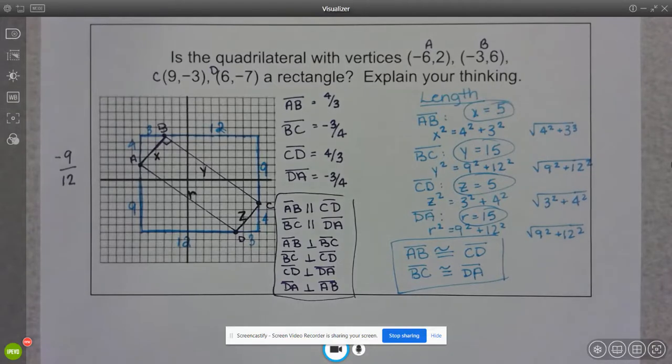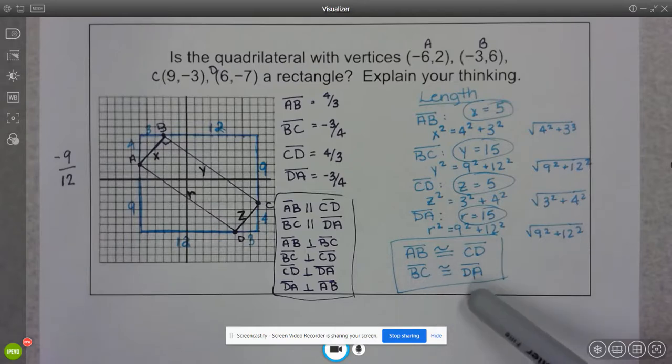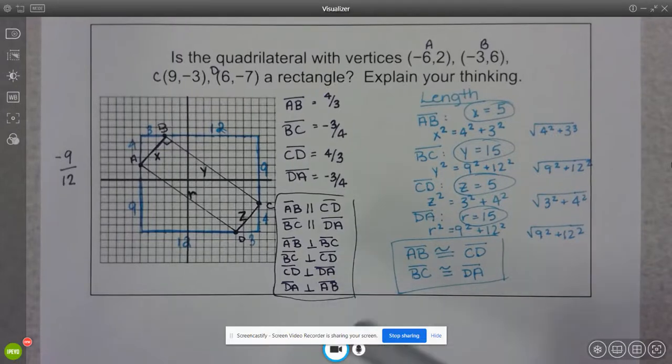All right, so this tells me that AB and CD are parallel sides. They are also congruent. BC and DA are parallel sides, and they're also congruent. And all of my four corners are right angles. That meets all of my requirements for being a rectangle.